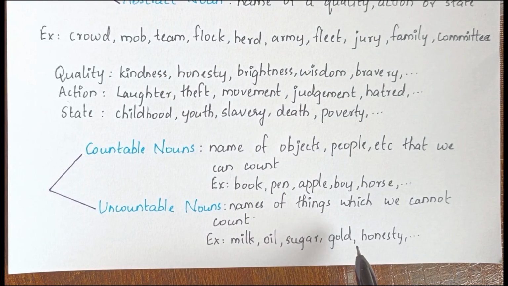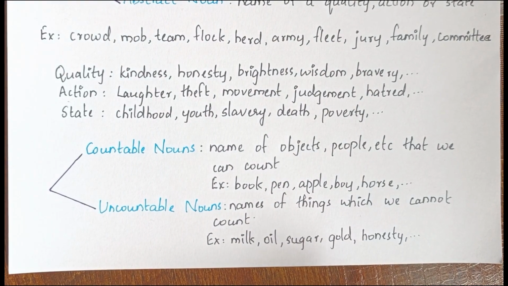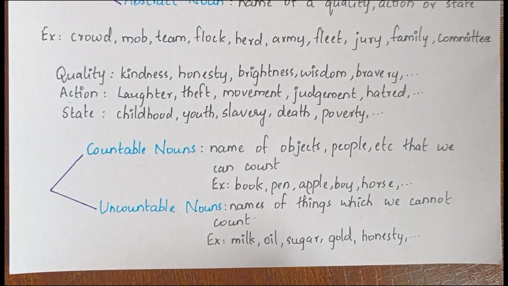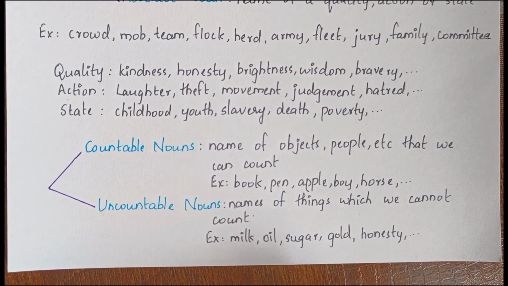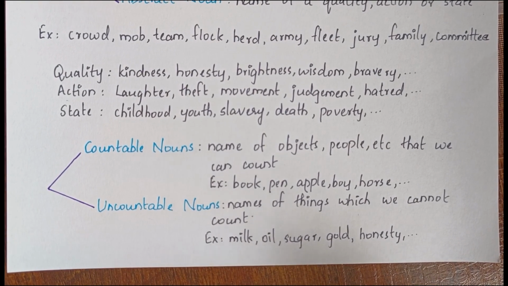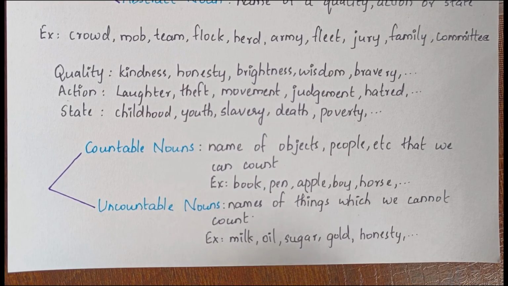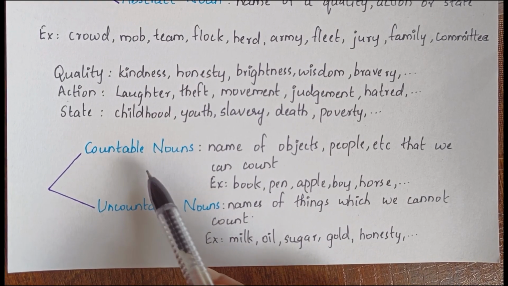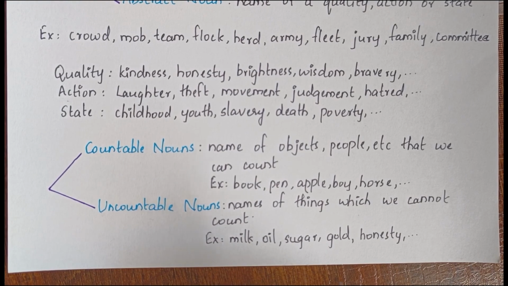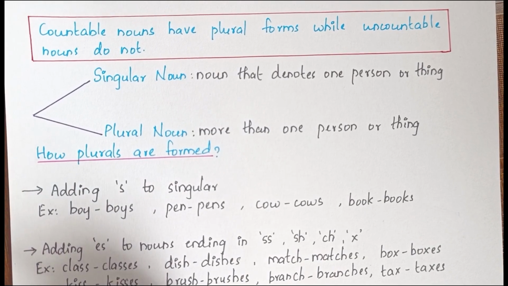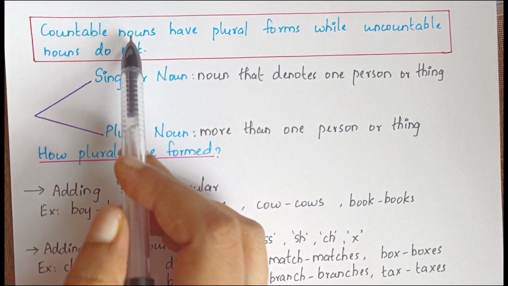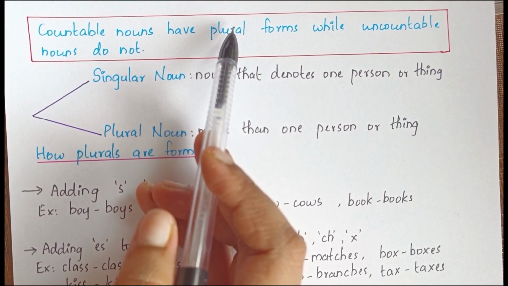You cannot say you have 2 milk or 2 oil. You can weigh it and say it's 2 kg or 2 liters and all, but you cannot count how many milk is there in a pot. So uncountable nouns cannot be counted, but countable nouns are those which we can count. So this is a very important point to be noted. Countable nouns have plural forms, while uncountable nouns do not.